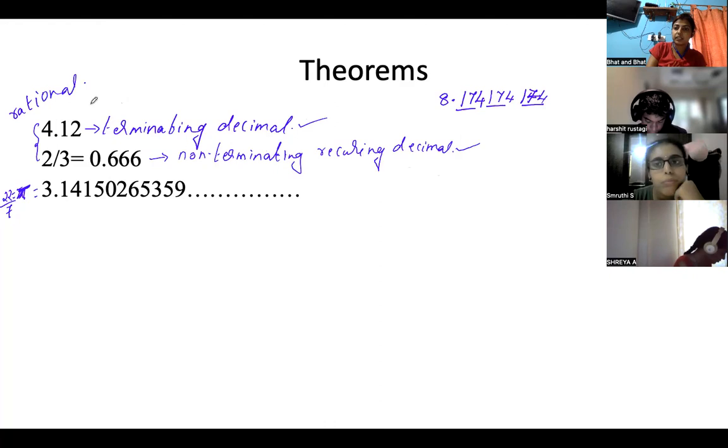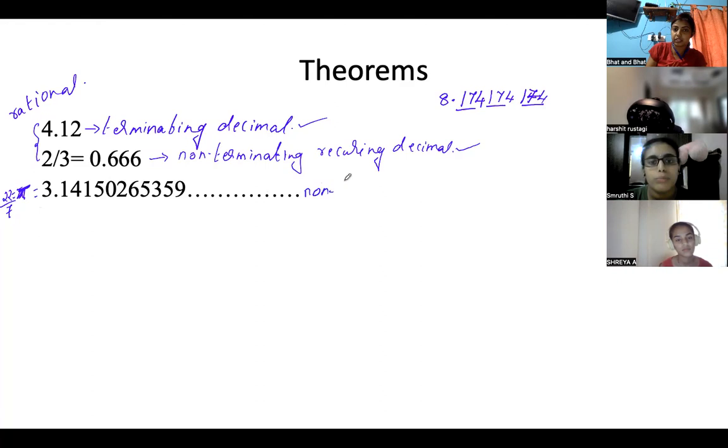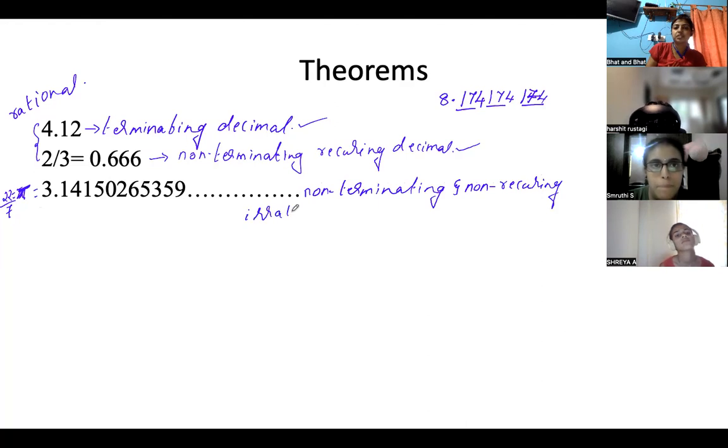But if you come across a fraction in the form of p/q whose decimal form is non-terminating and non-recurring also, then that type of decimals are called irrational numbers.